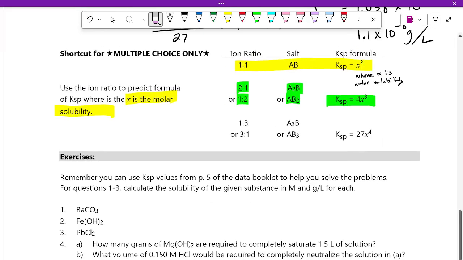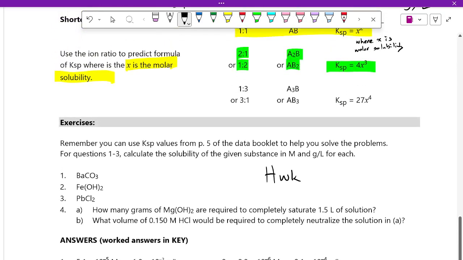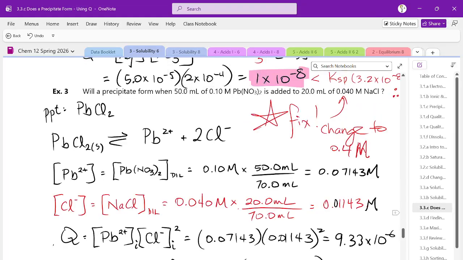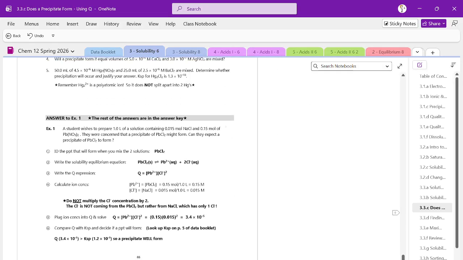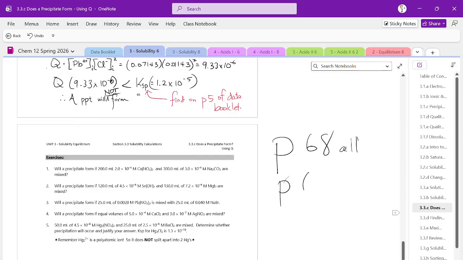So you could do homework. Page 68, page 66, numbers 1 through 5.